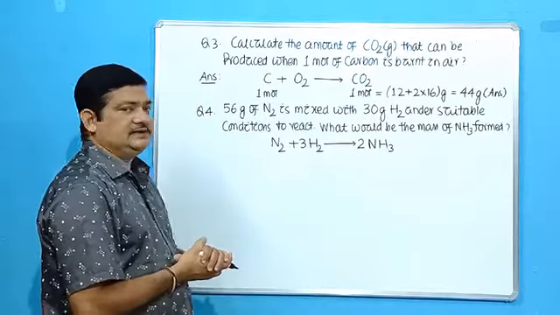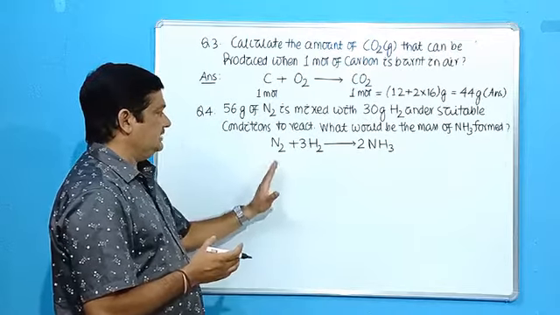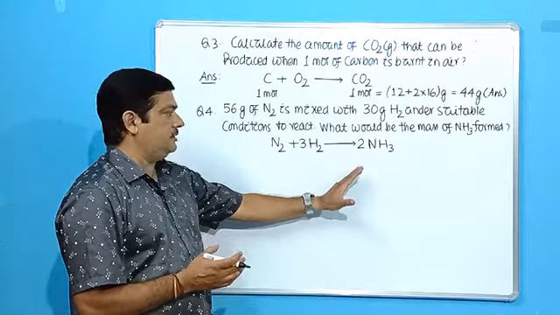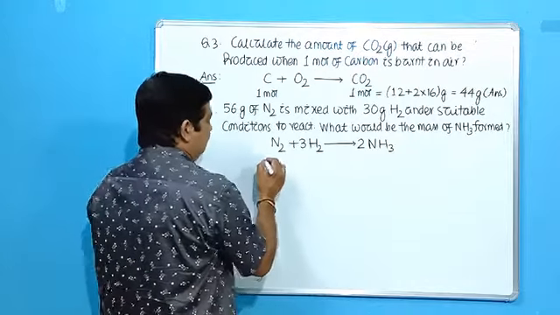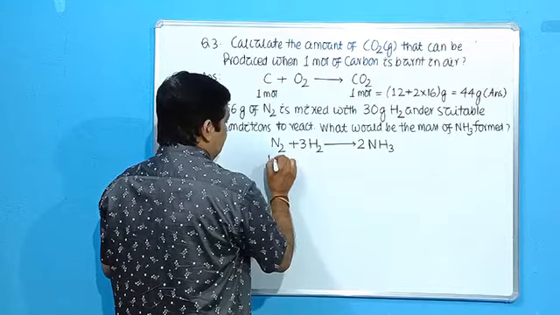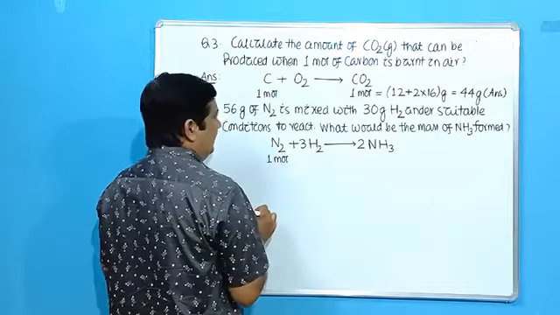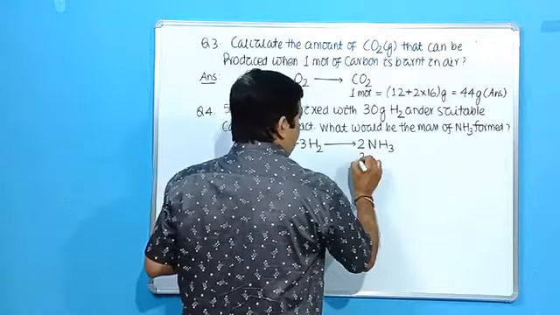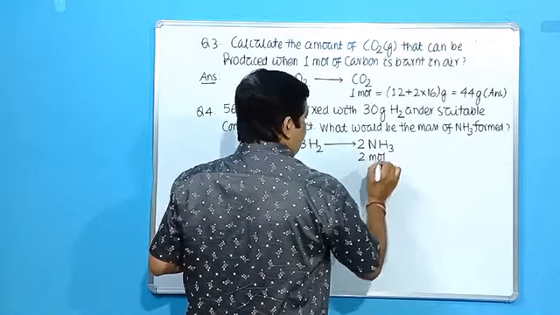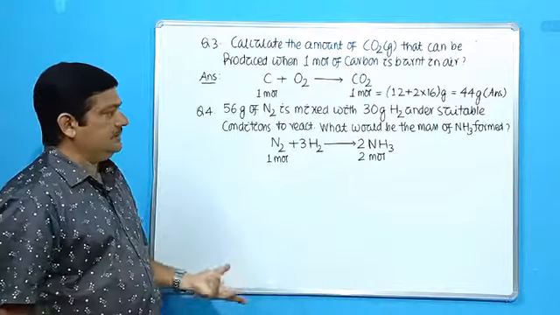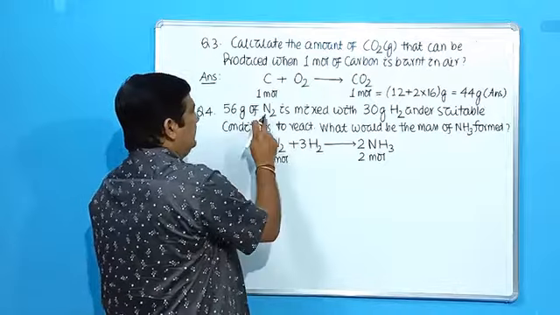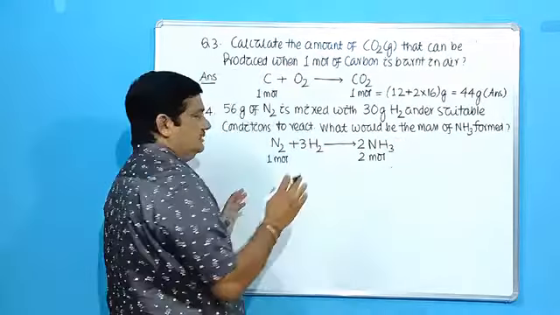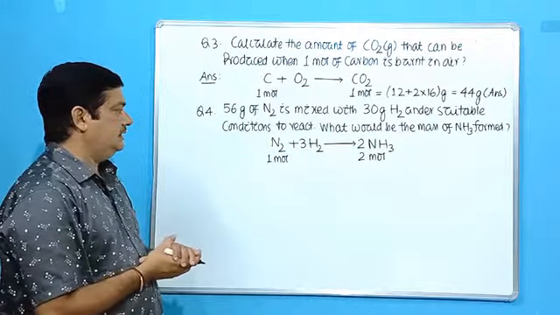So this is the balanced chemical equation. Nitrogen and hydrogen combine to produce ammonia. In which ratio are they present? 1 mole of nitrogen will produce 2 mole of ammonia, and we require that one because nitrogen and ammonia are the ones required. So these two relationships are required.